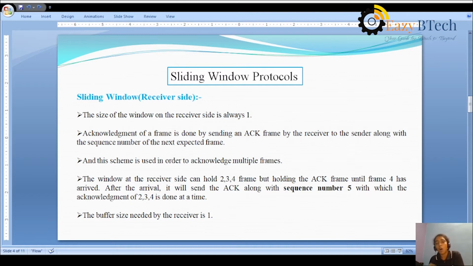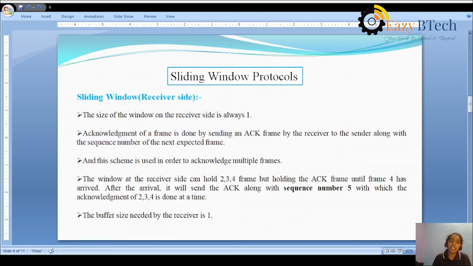After receiving the last frame, the fourth frame, only then is the acknowledgement frame sent to the sender, including the sequence number of the next expected frame.